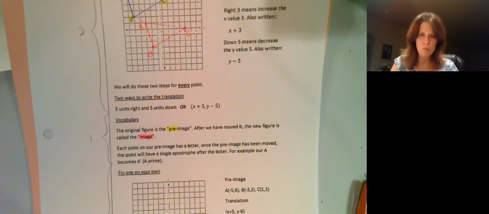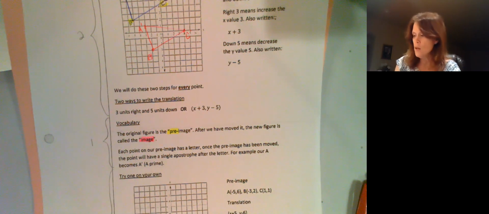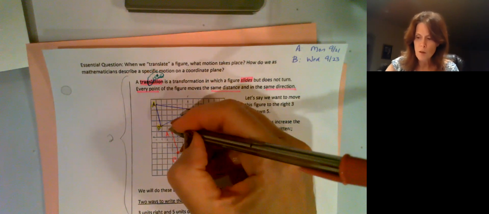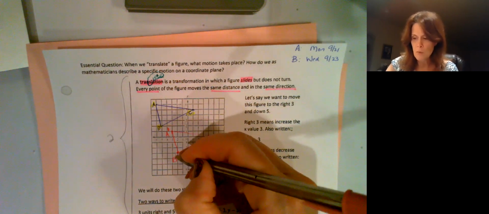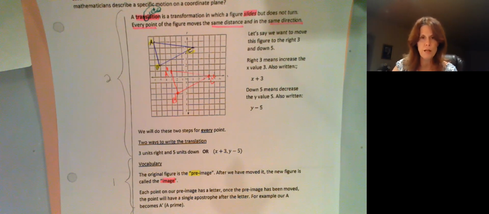It's not technically an apostrophe, it's a little more elongated, but we call those prime. So this becomes A prime, B prime, and C prime. The prime notation means that is the transformed image, and if it doesn't have those notations, it's the original or pre-image.